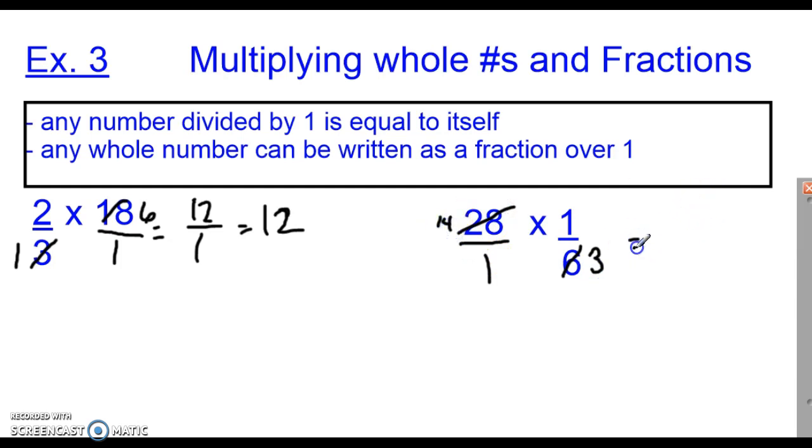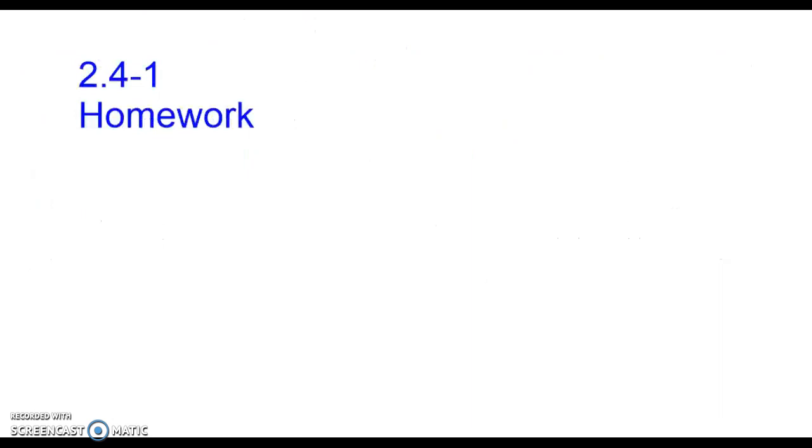Now I multiply across, and that gives me 14/3, which I could write as a mixed number. 3 goes into 14 a total of 4 times, and I have 2 left over. So 4 and 2/3, sorry, not 14 2/3, would be my answer, or 14 over 3. And that is it for lesson 2.4.1.